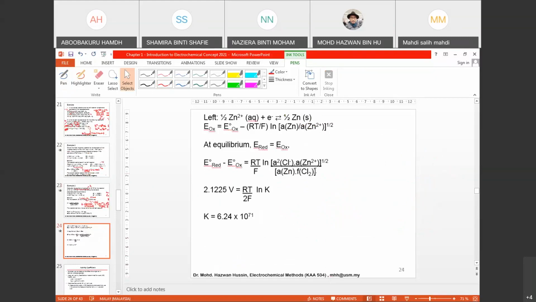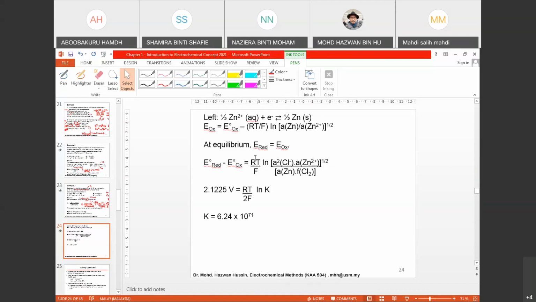And then the left hand side, okay, the oxidation process, this is the half equation. Then when you write it for the Nernst representation, you will get E cell for oxidation is equal to E naught oxidation minus RT over F ln activity of the product, which is zinc, over the activity of zinc 2 plus, okay, power of half.